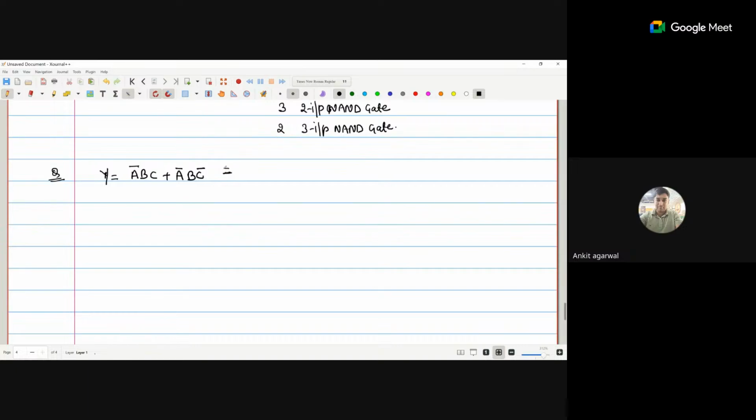So first of all, can I simplify it there? So that is A bar B, C plus C bar. So that is A bar. Now one NOT gate, and then NAND gate, simply AND gate.